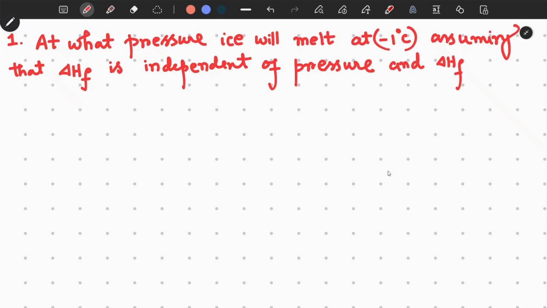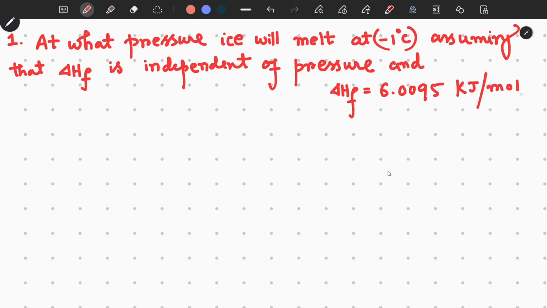Probably this value may not be correct. I don't know, because the answer is not matching. That's why I'm saying. I did not check the delta HF, but the other data I checked. The delta HF given is 6.0095 kilojoule per mole.